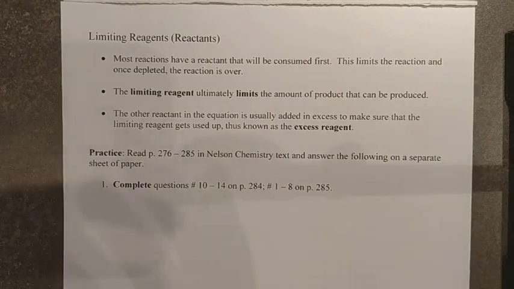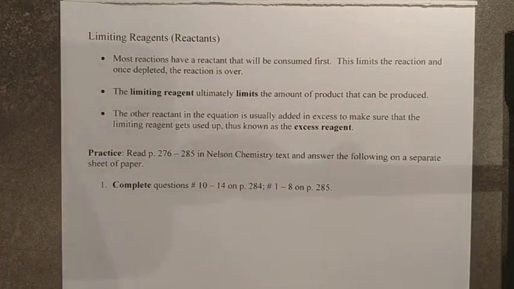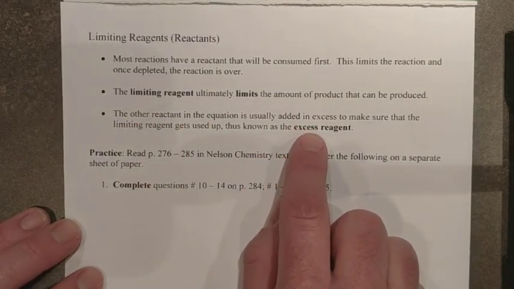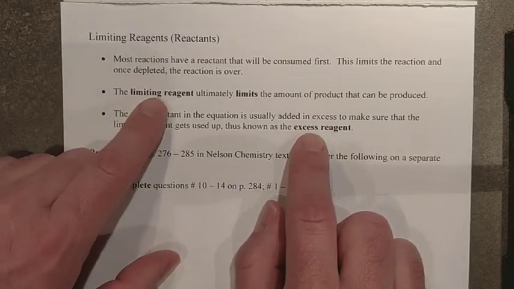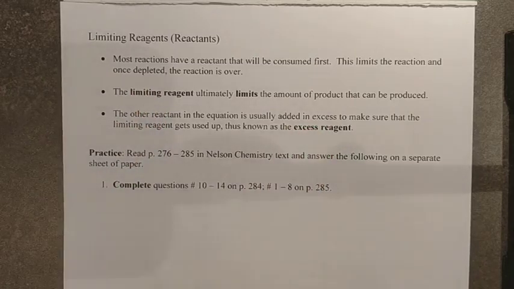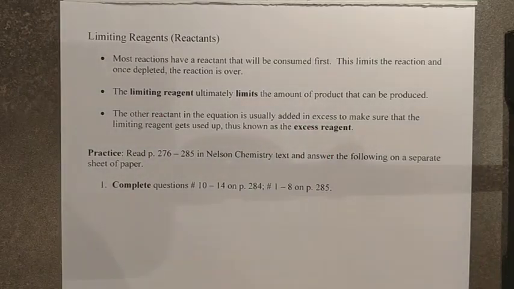It also limits the amount of other reactants consumed. If we have a little bit of extra of the other reactant, it is known as the excess reagent. As we get into stoichiometry in the next chapter, one of the things runs out, the other one remains in some sort of surplus or excess.